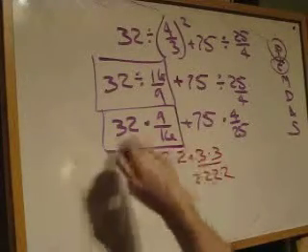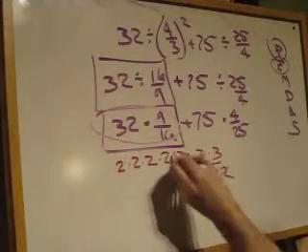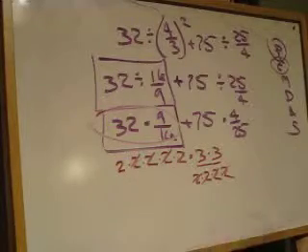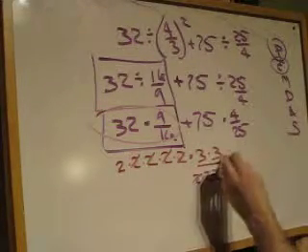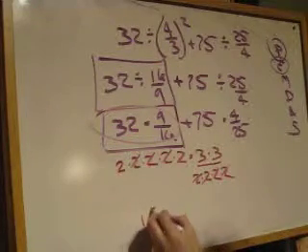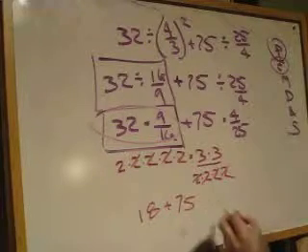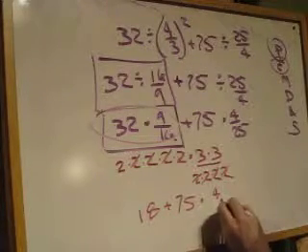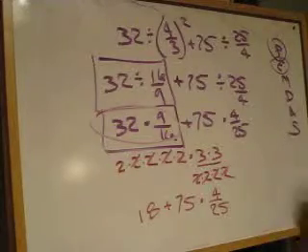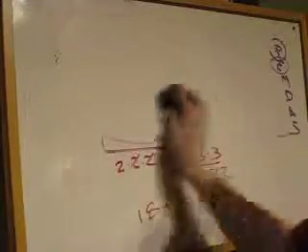So that's what's in the box here. So we can start canceling. Make sure I cancel the same on the top as on the bottom. And I'm left with 2 times 3 times 3. 2 times 3 is 6 times 3 is 18. And now I have plus 75 times 4/25. Okay, I'm going to erase this stuff up here and continue on with the problem.